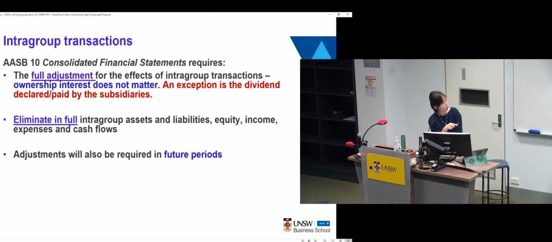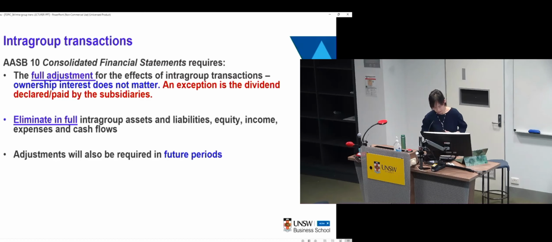Now you can see the ownership interest of the parent in the subsidiary does not matter, which means regardless of the parent's ownership interest, whether it's 100%, 90%, 80%, you don't worry about that. Apply the same principle, full elimination is required. Now you can see an exception is the dividend declared and paid by the subsidiary.